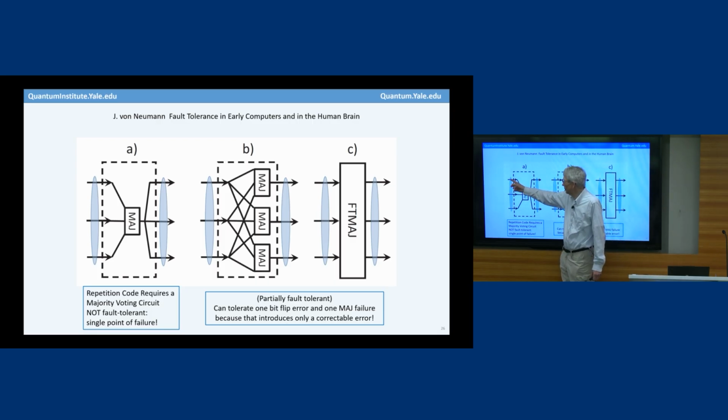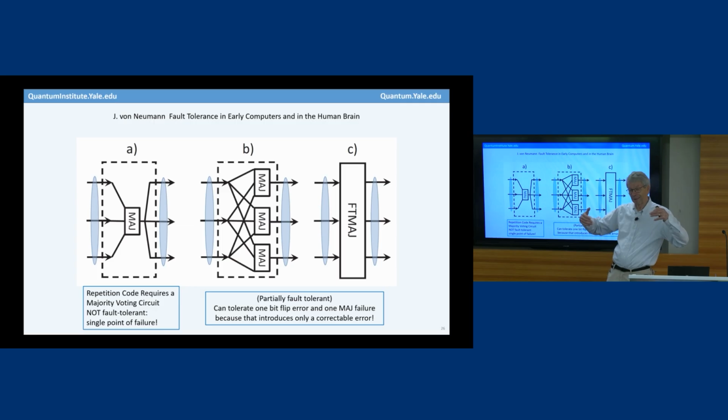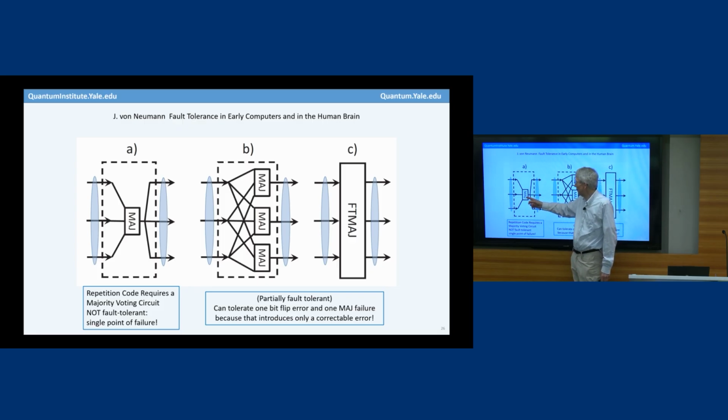It can correct 1 error here successfully, but this is a single point of failure. That little piece of the circuit we were assuming didn't cause any problems. But when you are dealing with fault tolerance, you have to be very paranoid. Everything causes problems, and this unit could fail. It could have some noise or something. And then maybe the majority is supposed to be 1 and it outputs 0. Then you end up with 0, 0, 0, and it's wrong.